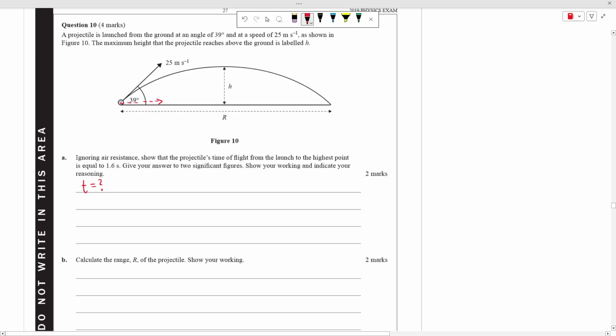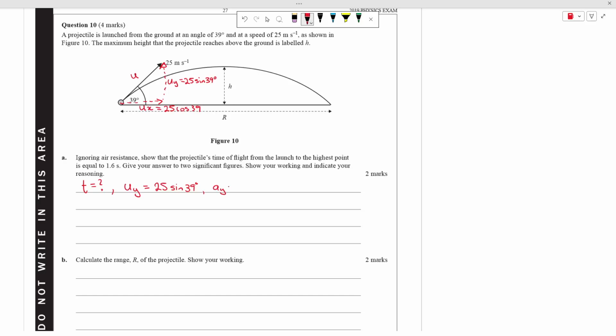So ux is equal to 25 cos 39, and then we've got initial vertical speed uy, which is 25 sin 39. So I know the initial vertical velocity, which is 25 sin 39.